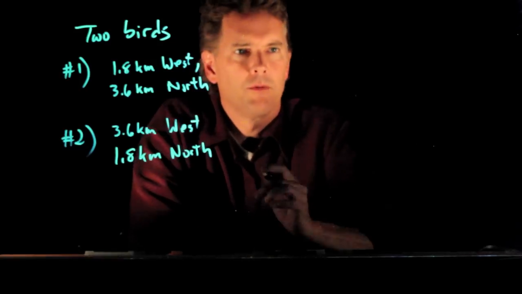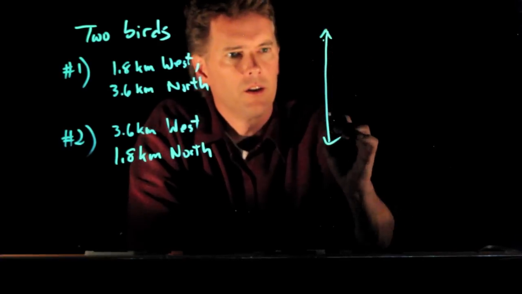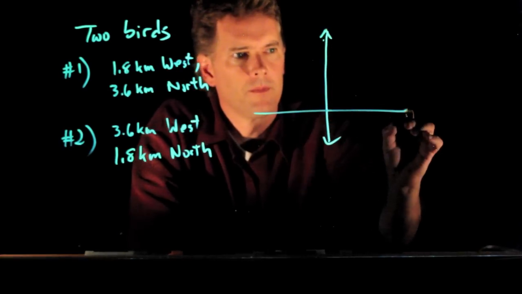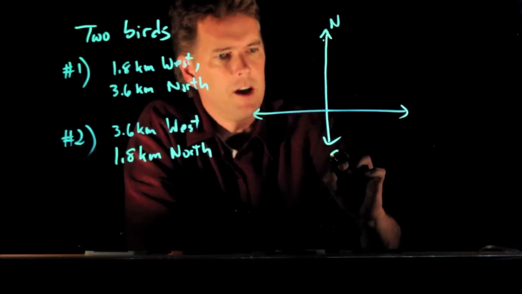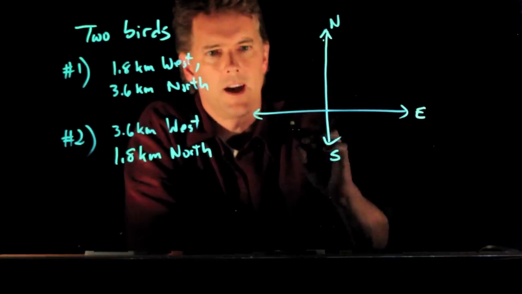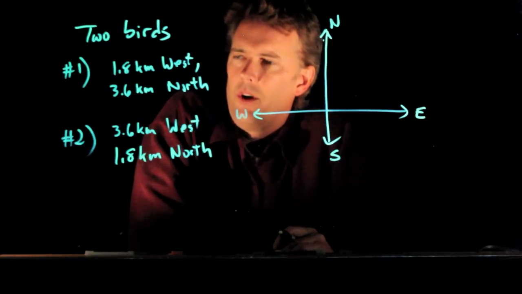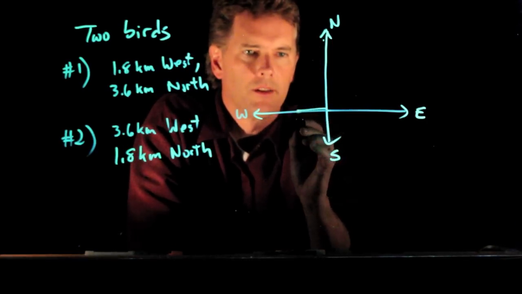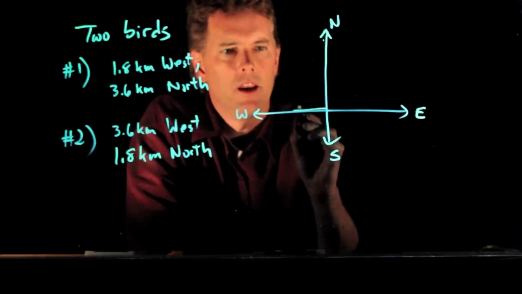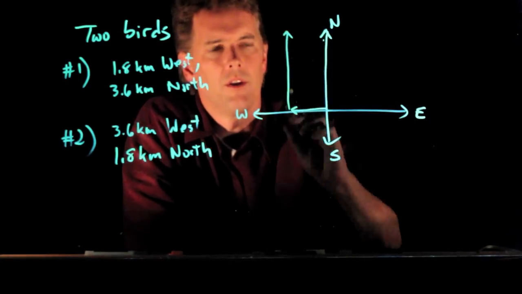Okay, so let's plot this out a little bit carefully. So here's our coordinate system. And we know that north is up, south is down, east is that way, west is that way. And so bird number 1 goes 1.8 kilometers west and then 3.6 kilometers north.